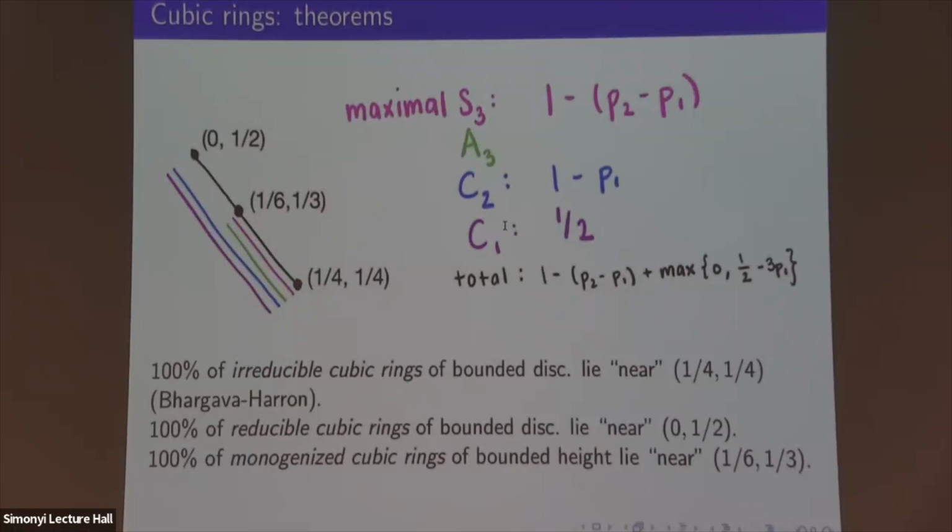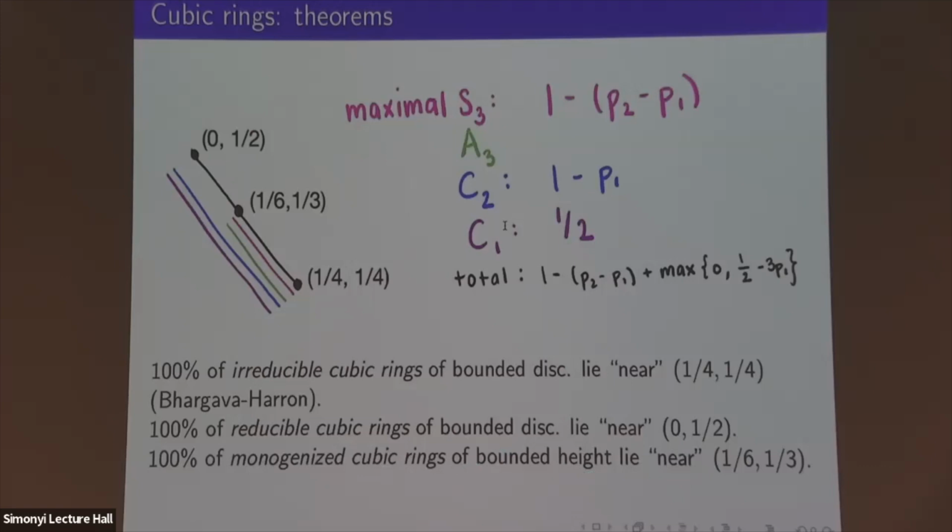Moreover, if you look at monogenized cubic rings of bounded height, i.e. monic cubic forms of bounded height, then you'll see that 100% of those rings lie near here. And it's very important that I put bounded height here and not bounded discriminant, because counting monogenic cubic rings of bounded discriminant is a very hard problem. So we're just looking at bounded height.